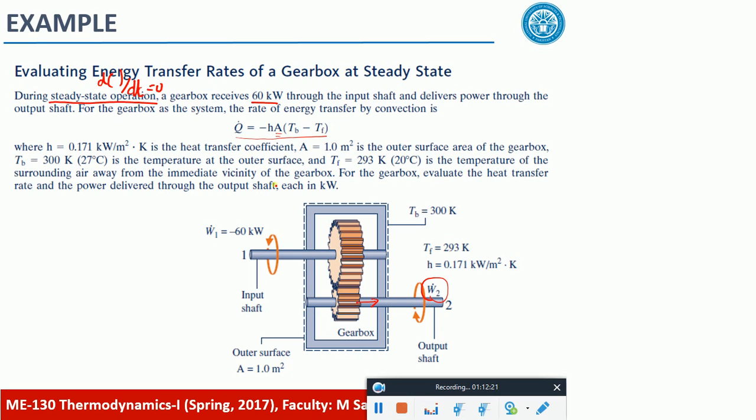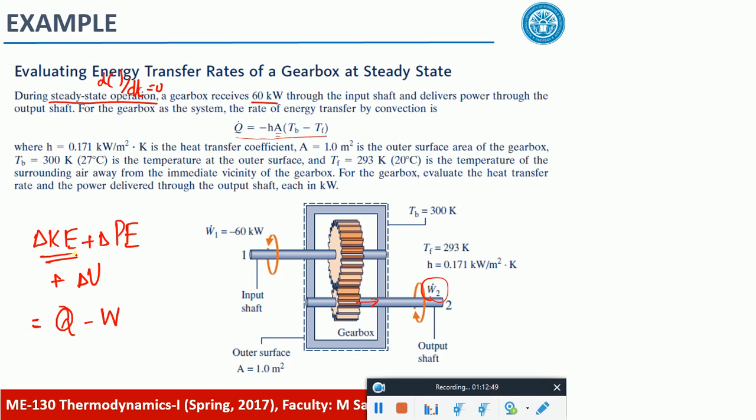Now just see that you have a gearbox, and keep in your mind that you are trying to apply the first law of thermodynamics. Now the first law of thermodynamics again is delta KE plus delta PE plus delta U equals Q minus W. Now is that gearbox moving?